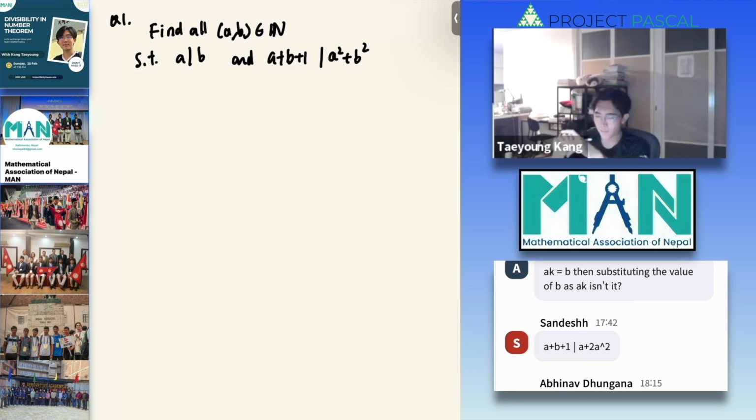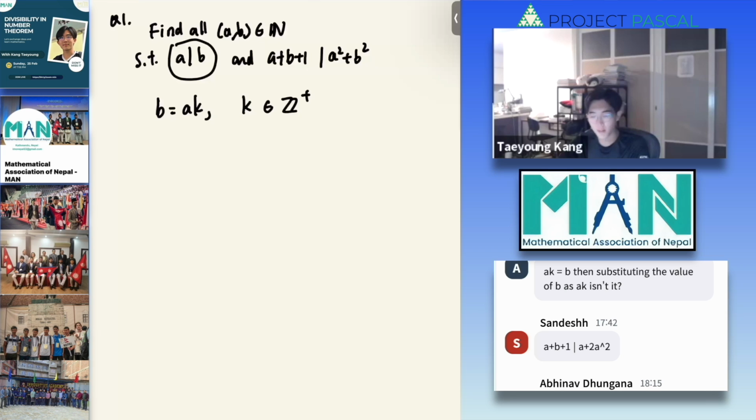But when you look at it, we have A and B and a 1, and it's very hard to have a physical sense of how big the number is, right? But thankfully we have the condition A divides B. So we can substitute B equals AK, where K is some positive integer.